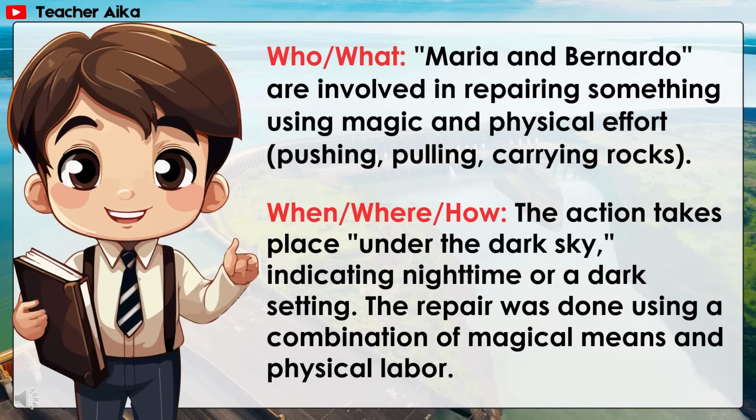Maria and Bernardo are involved in repairing something using magic and physical effort, such as pushing, pulling, and carrying rocks. When, where, or how? The action takes place under the dark sky, indicating nighttime or a dark setting. The repair was done using a combination of magical means and physical labor.